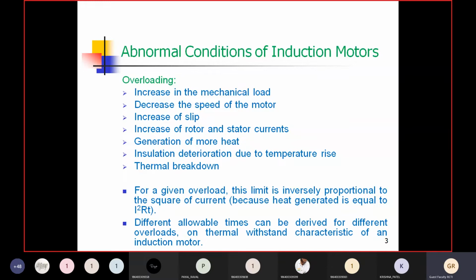And because of that, it is going to increase the heat production rate on the rotor side.